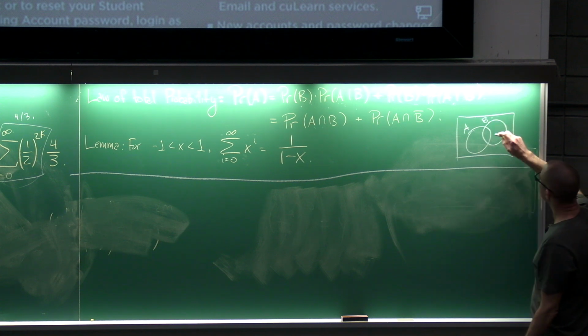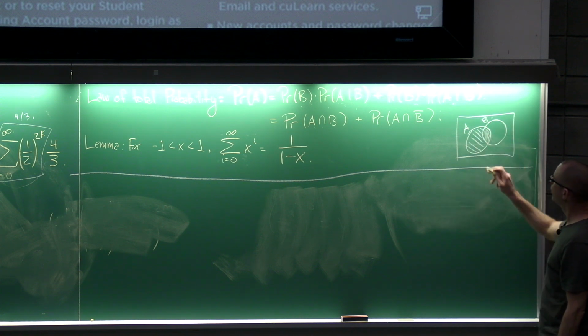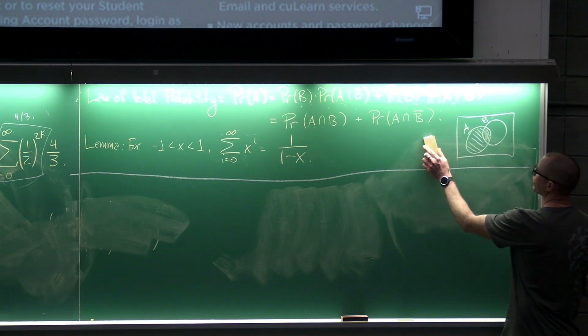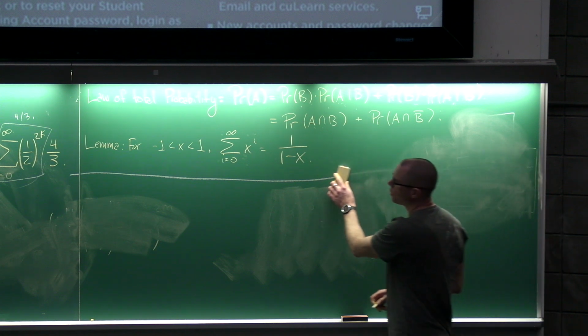This is probability of A and B, this is the probability of A and not B, and those two things are exactly A. All right, so what does that have to do with what we've been doing so far?